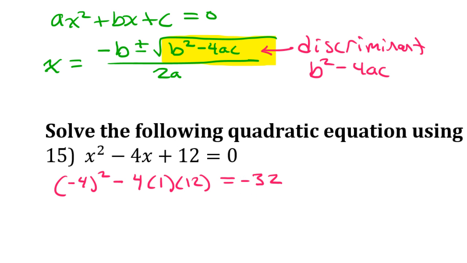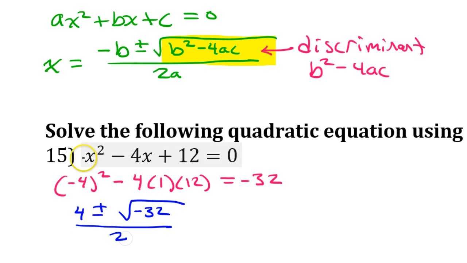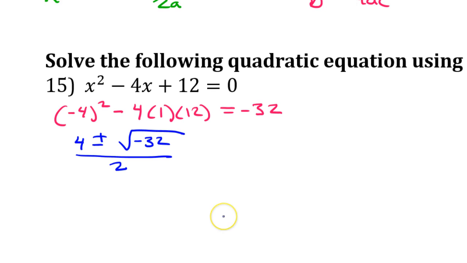Now I'm going to do the rest of the quadratic formula. So opposite of b, so that makes this positive 4 plus or minus square root. Here comes that negative 32 all over 2a. Well, 2 times 1 is just 2. So it's just a matter of simplifying this, guys.